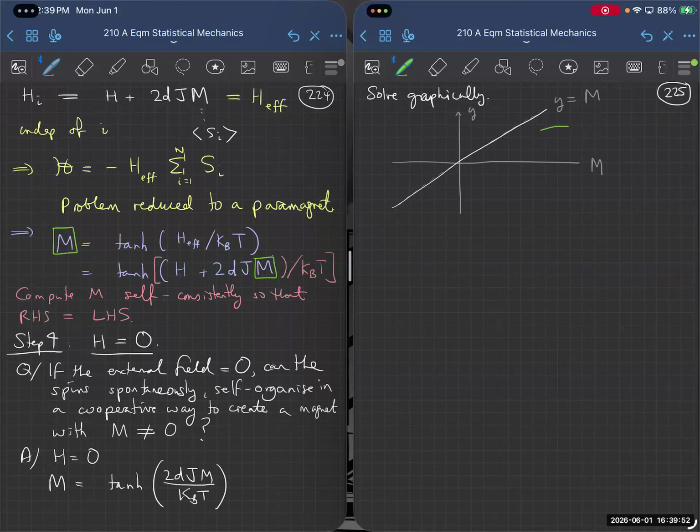So that looks something like this. And you can see that these curves intersect at the origin. So the intersection is at m equal to 0, i.e., there is no magnetization.